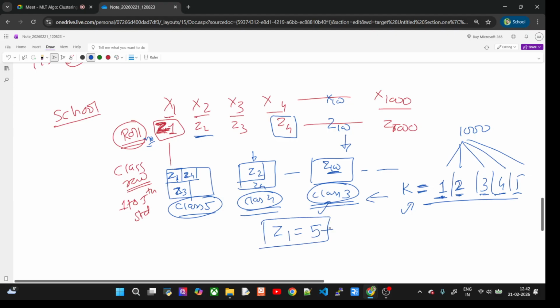This z value belongs to 1 to K. How much is K? K is equal to 5. That's why we have clusters from 1 to 5, so your z indicator belongs to 1 to 5.